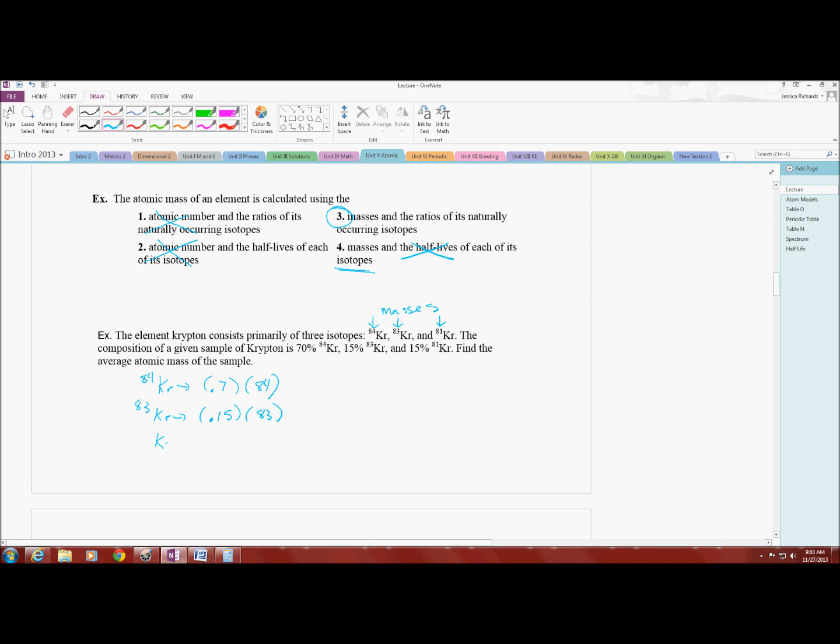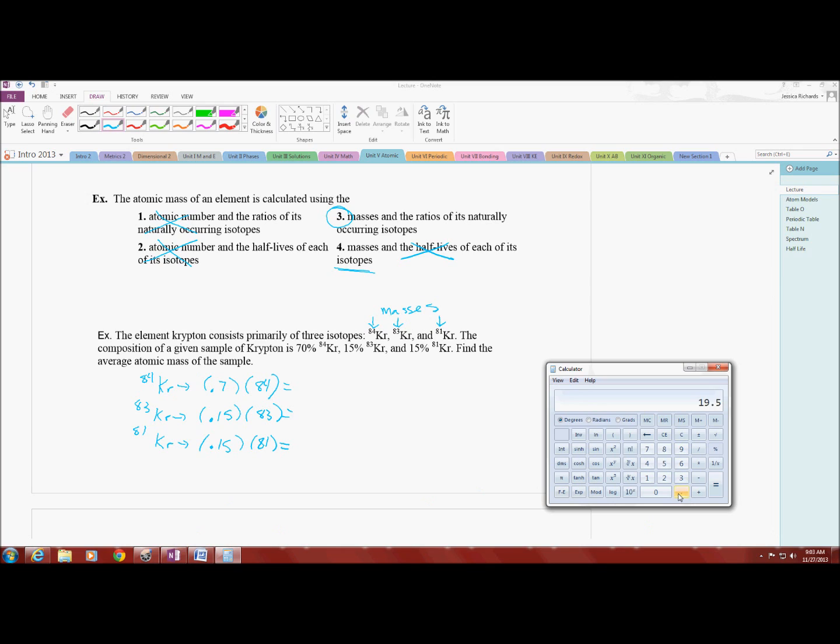And for krypton 81, it is also 15%, so 0.15, has a mass of 81. So I need to multiply all of those things out. 0.7 times 84, 58.8.